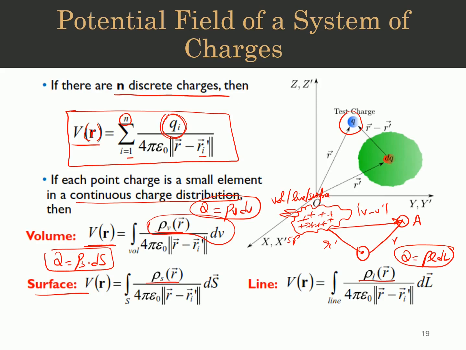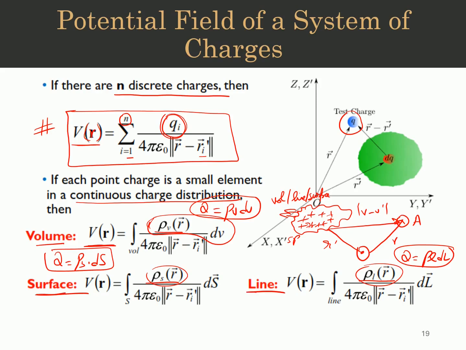This is the mathematical representation where only one factor gets changed, where the value of q is replaced by this volume charge, surface charge or line charge coefficient. Thus we can say that the potential field can be found for a single unit positive charge or a unit source charge, for multiple charges, or if the source is a volume charge, surface charge or line integral.